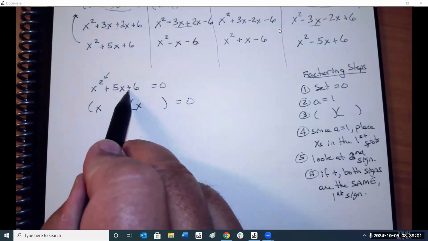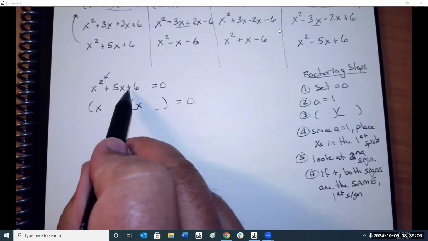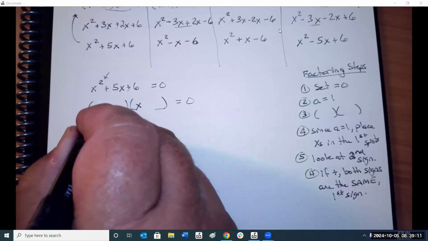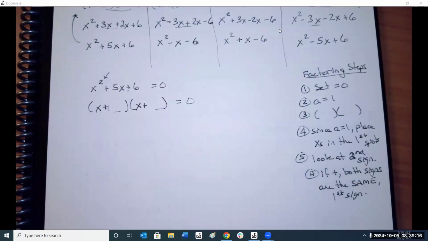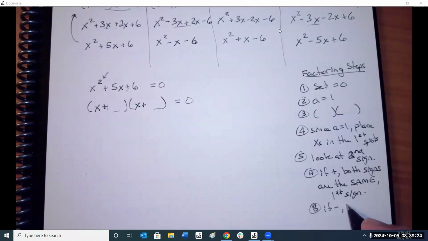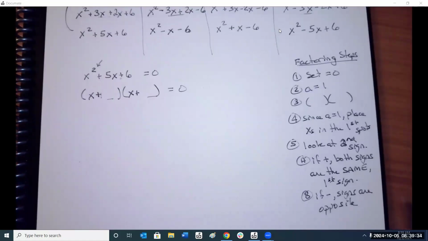So since that's a plus, we know the only way that could be a plus is if this number times this number have the same sign. In this case, they both have pluses. If it's a minus, then the signs are opposite. One's a plus and one's a minus.